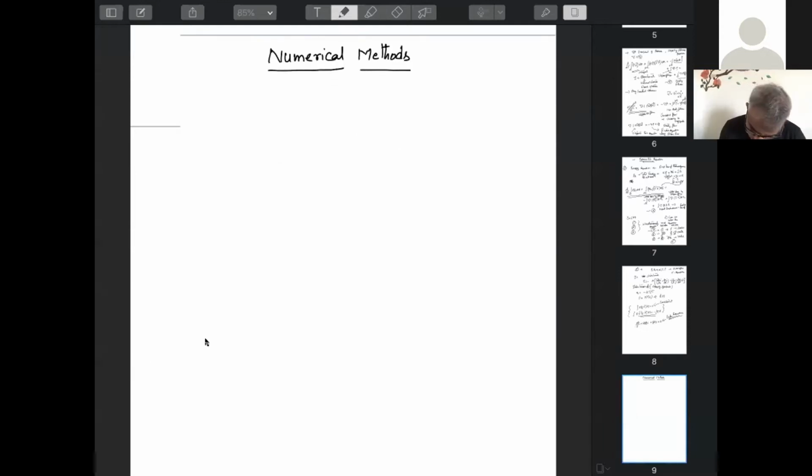Okay. So broadly, we have 4 different methods. The first one is the finite difference method.